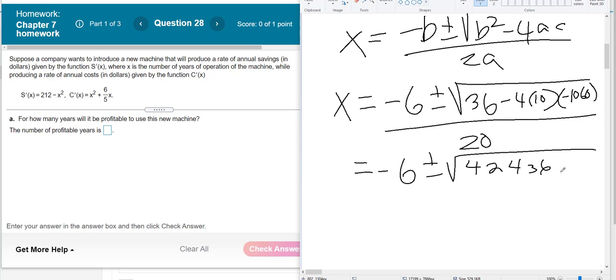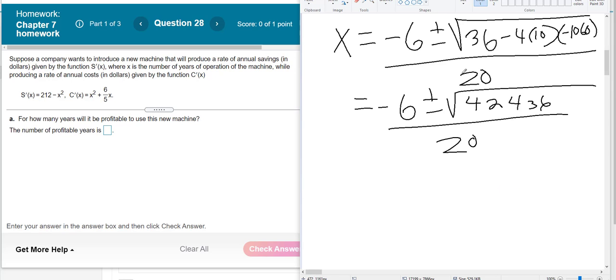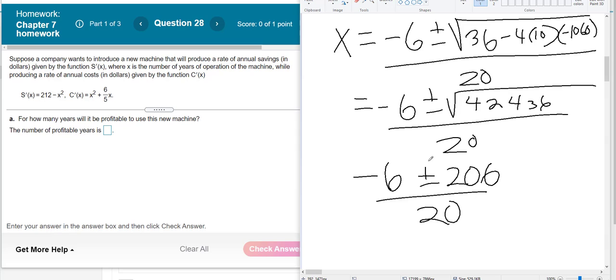Let's see, that's 4 times 10 times 1,060 plus 36. So yes, 42,436 over 20. And now I'll just take the square root of 42,436, which is 206. So it's negative 6 plus and minus 206 over 20.